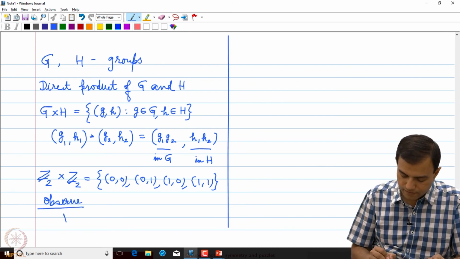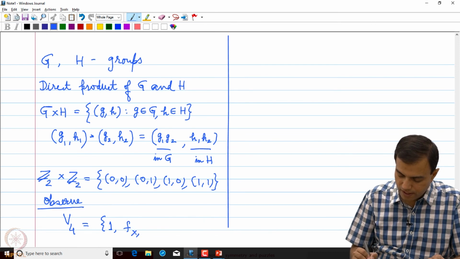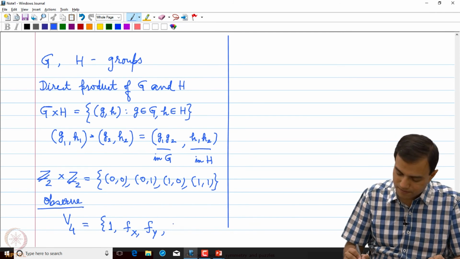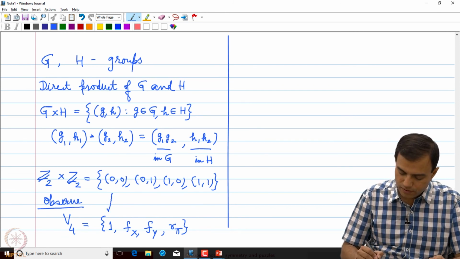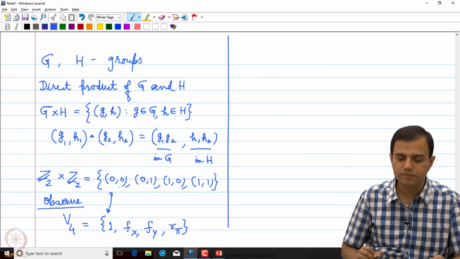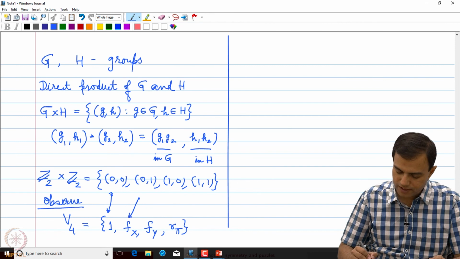that what I had in Klein's 4 group, you remember there was a neutral element, there was one symbol fx, there was another symbol fy, there were meanings to these symbols, and then r pi. So as you can see, 1 corresponds to 0 0, fx corresponds to say 0 1, fy corresponds to 1 0, and r pi corresponds to 1 1.